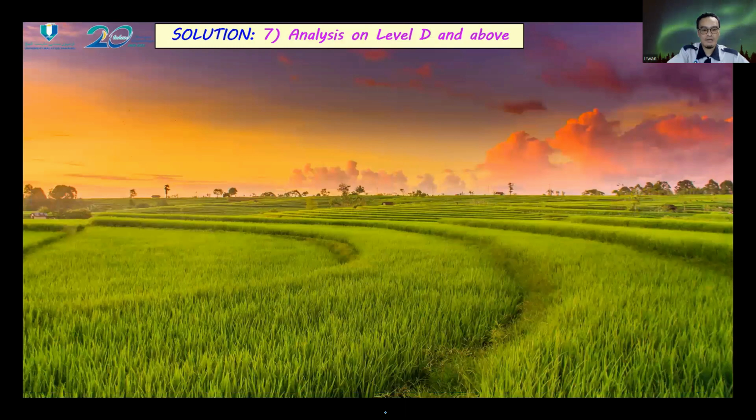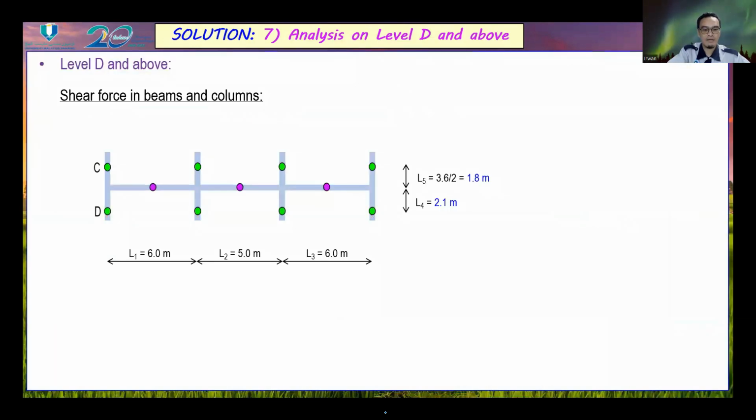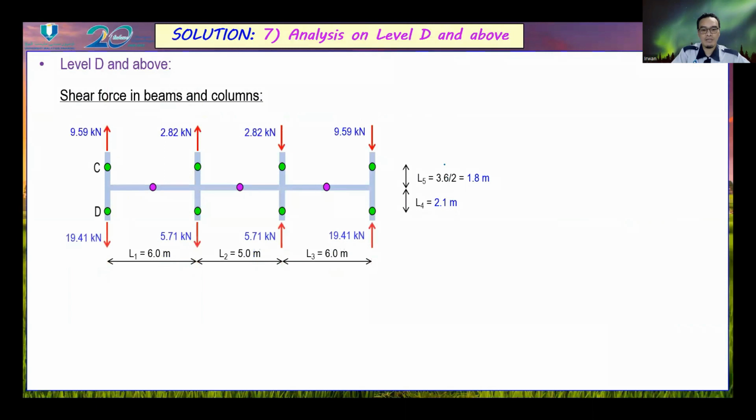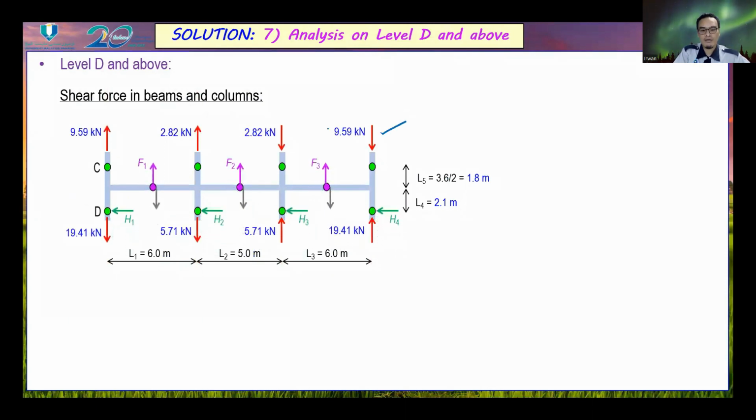Then we can redraw the diagram to be like this one. This is the value of axial force in the column from step number 6, and this is step number 7, which we calculated just now. And this is the value of axial force in the column we obtained from step number 6 before.